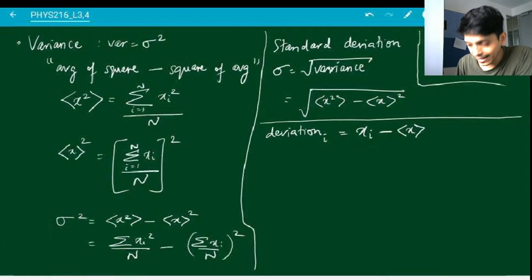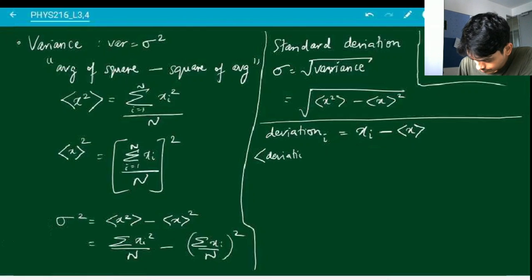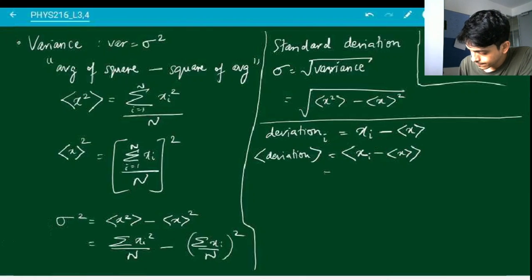And if I take the average deviation, this is going to be the average of all of these xi's minus this. And then if I take the square of this, that turns out to be the variance.